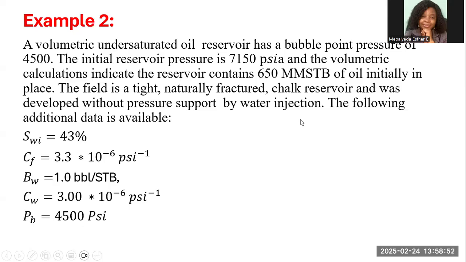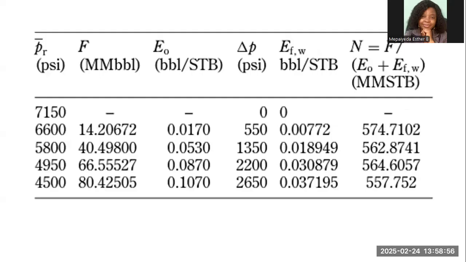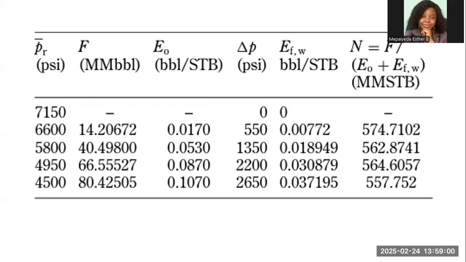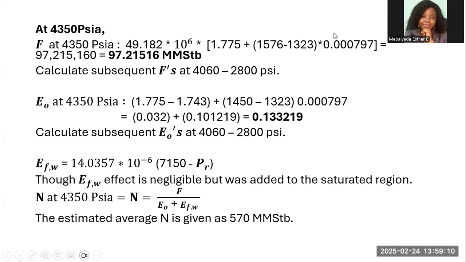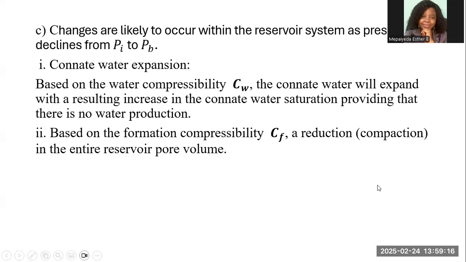So why do we have a discrepancy? From MBE, from the undersaturated state, we have an average of 558 SCB. From the saturated state, we have about 570 SCB.